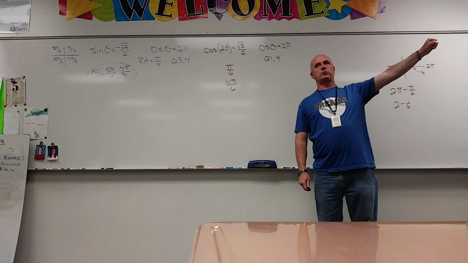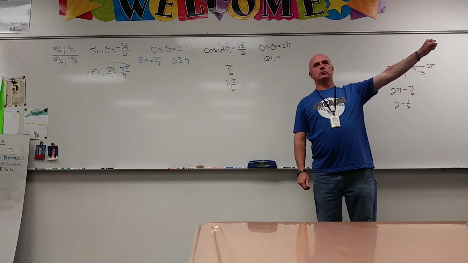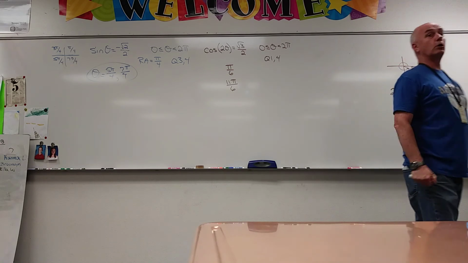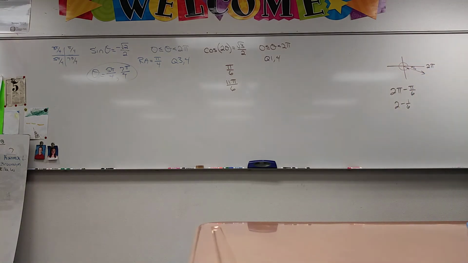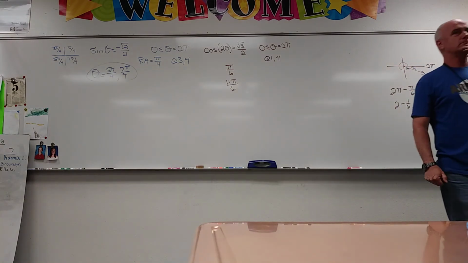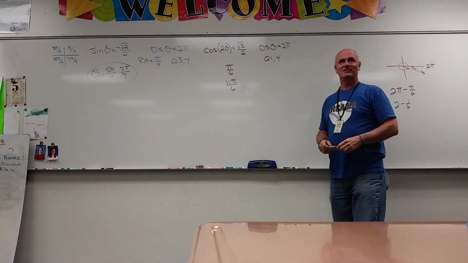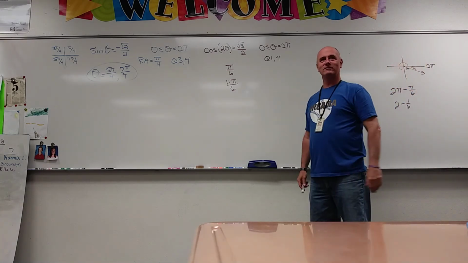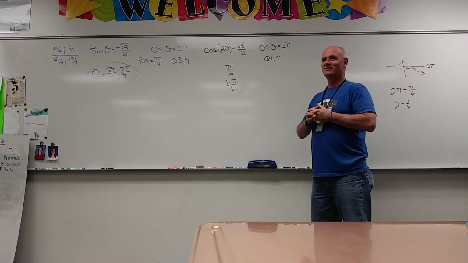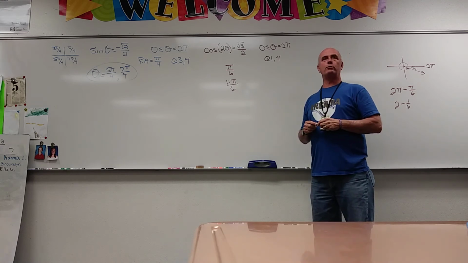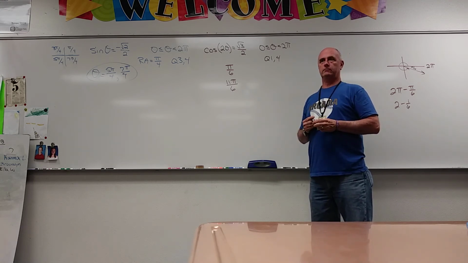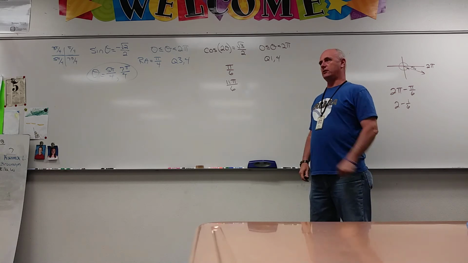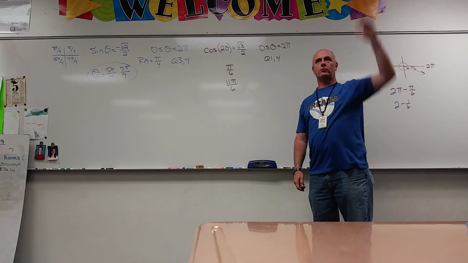Two words, the first one started with C. Coterminal angles. How do we find coterminal angles? We either add 360 or subtract 360, or add 360s or whatever.